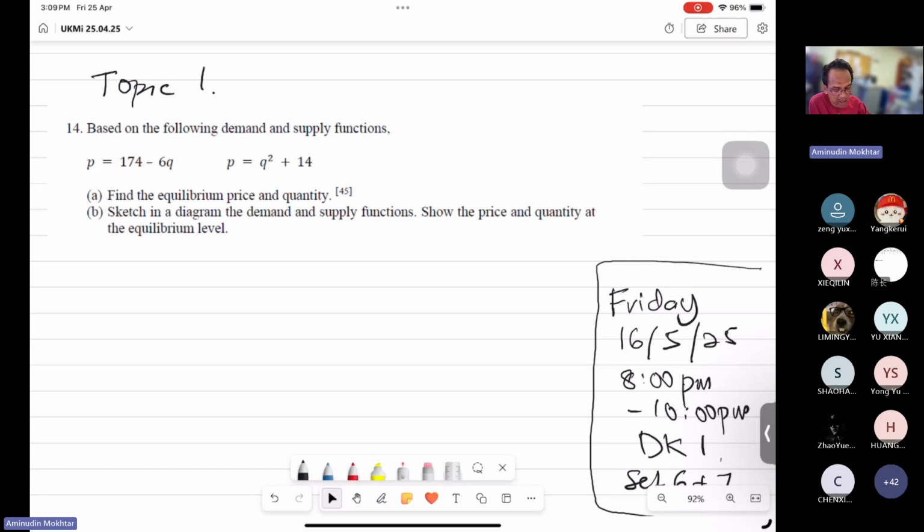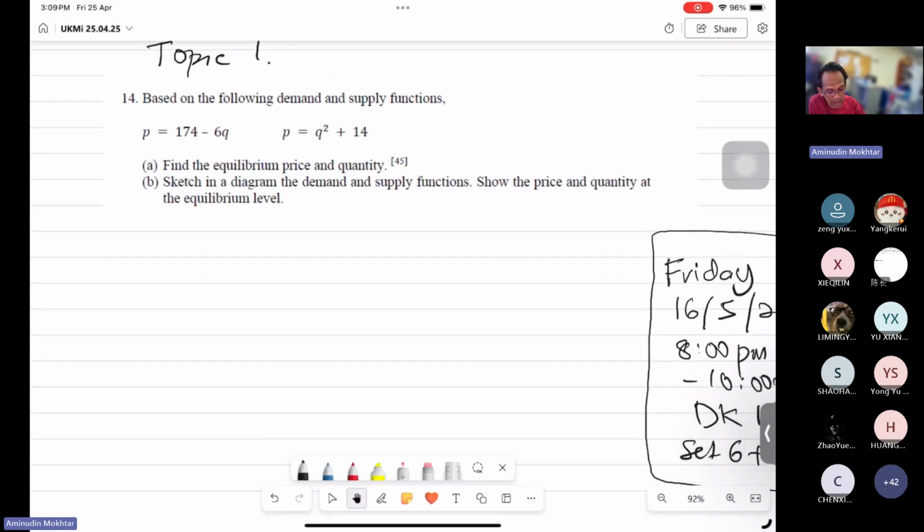There are two equations here, demand and supply. A, find the equilibrium price and quantity. And then sketch in a diagram the demand and supply functions and show the price and quantity at the equilibrium level. So the first question is about what is the equilibrium level.